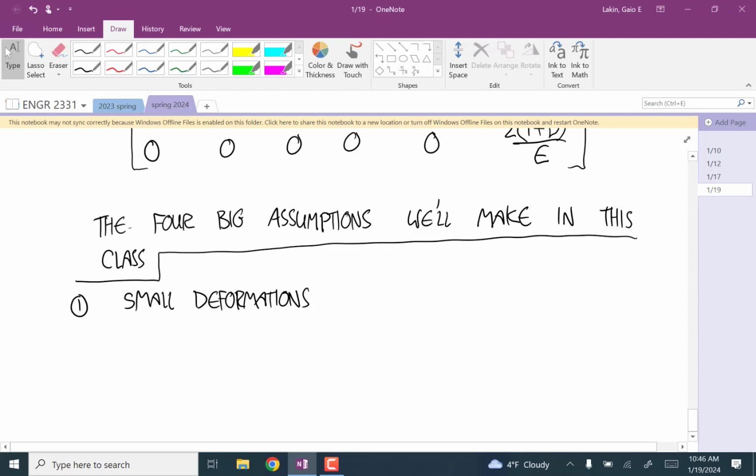If you stretch it a little too far, it'll have a permanent stretch. And that's about the cutoff that we're considering in this class. So we're considering everything to be elastic. If you remove the load, it returns to its original shape. So small deformations means, like I've said before, strain values less than about 10 to the minus 4.